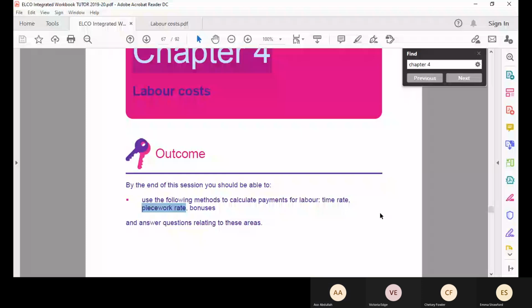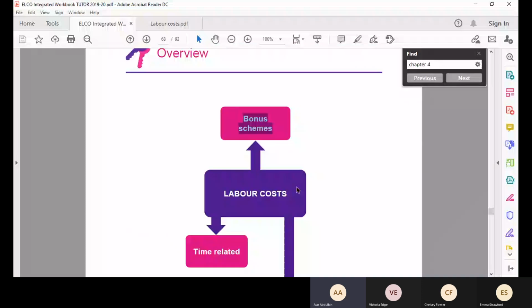So the overview of the chapter is: the bonus scheme. What is a bonus scheme? Based on what conditions are bonus schemes payable? Then the time rate. What is the time rate? It relates either to your contracted hours, or to the number of products you are going to make in a week, or it is output related.